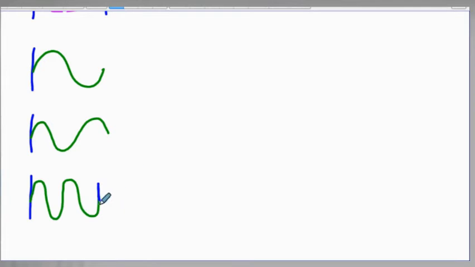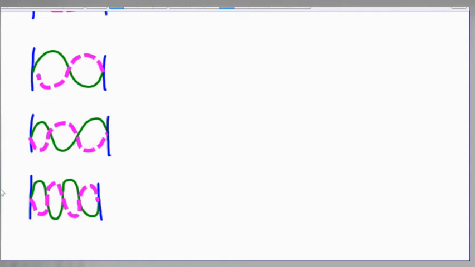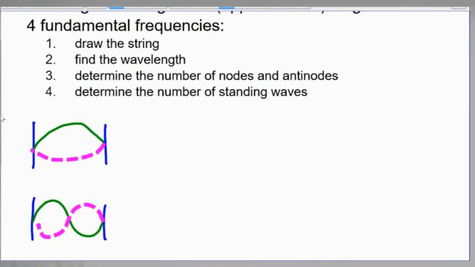And I'll put the other end on here. Okay, so there's our first 4 fundamental frequencies.